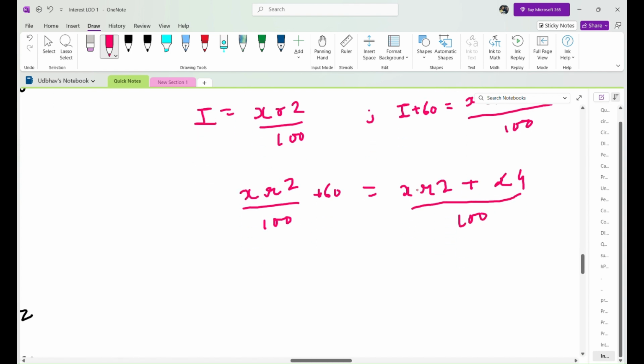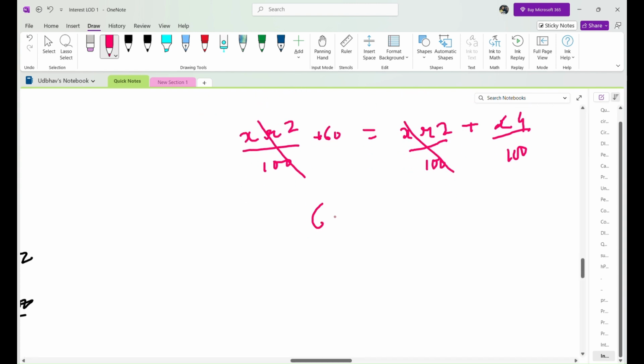We can write this as upon 100 and upon 100. This will get cancelled completely. We will get 60 equals to X 4 upon 100.